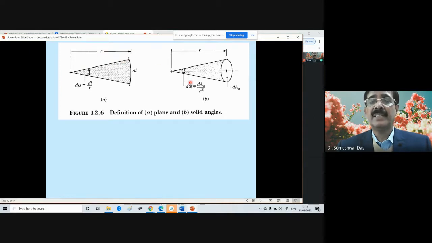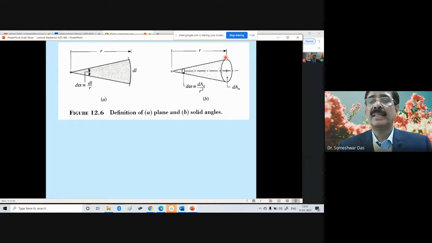Similarly, we have the concept of the solid angle, right? Suppose this is the source emitting radiation in all directions, then at any solid surface, suppose having area dA1, dAn, there can be solid surfaces in the direction of this radiation, say here, here, here, and everywhere, right?